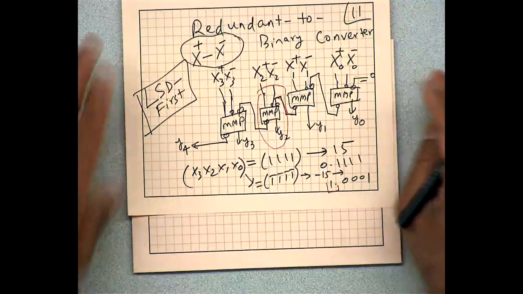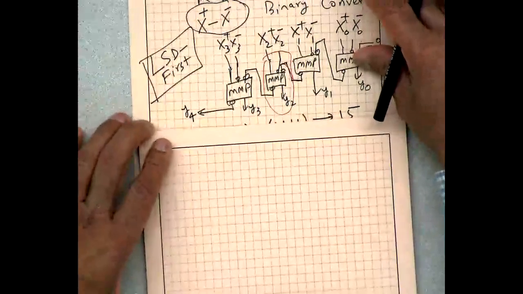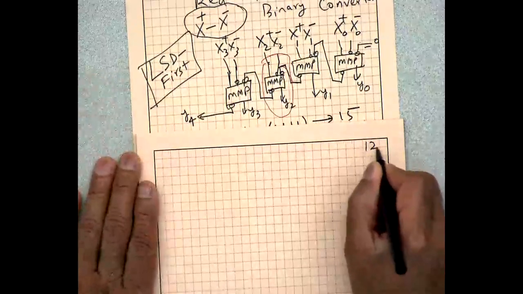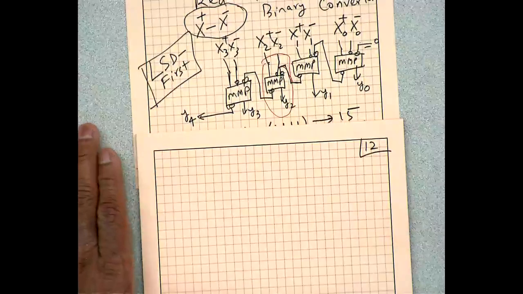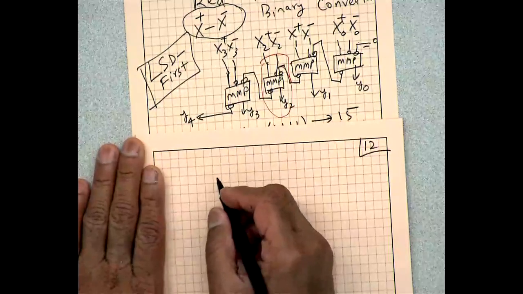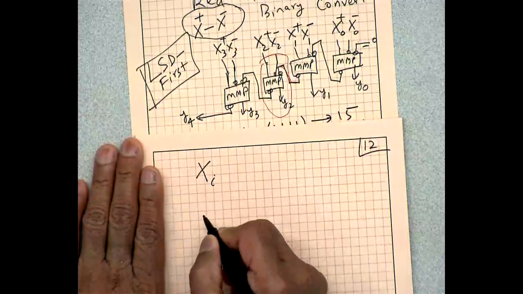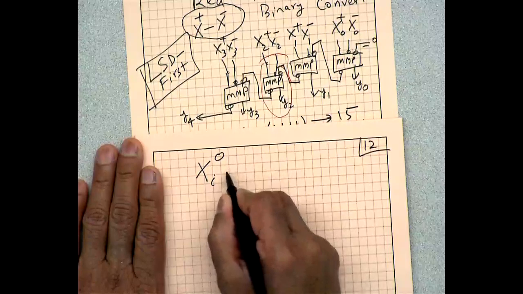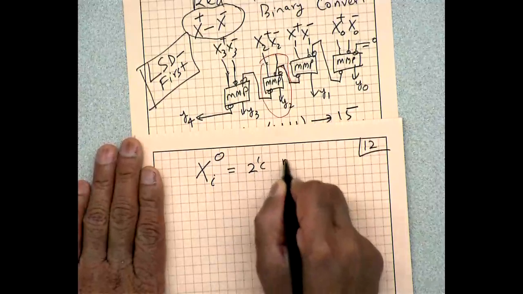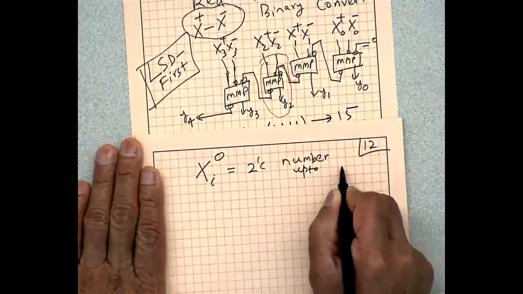So I could compute xi. Let me say that xi 0 is equal to the 2's complement number up to position i.